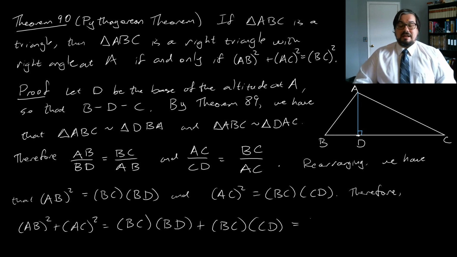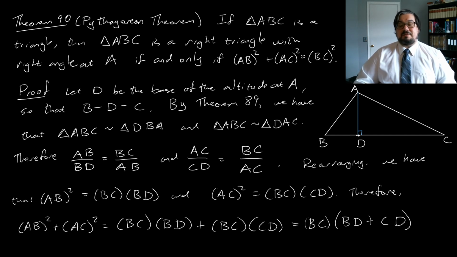Now, factoring out BC, that gives us BC times BD plus CD, but now we can use the fact that D lies between B and C. So in particular, this BD plus CD expression is exactly equal to the length of BC. And so we get BC squared.